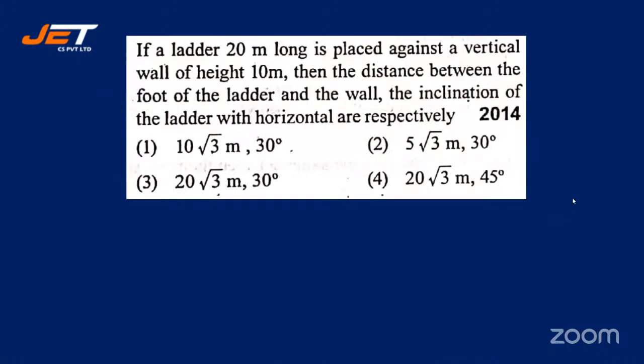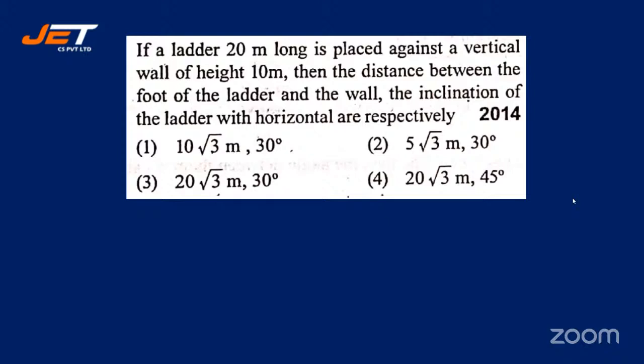If a ladder 20 meter long is placed against a vertical wall of height 10 meter, then the distance between the foot of the ladder and the wall, and the inclination of the ladder with horizontal are respectively what? You have 4 options.